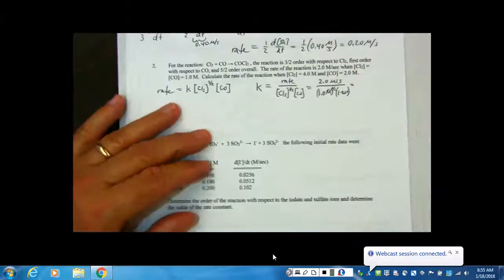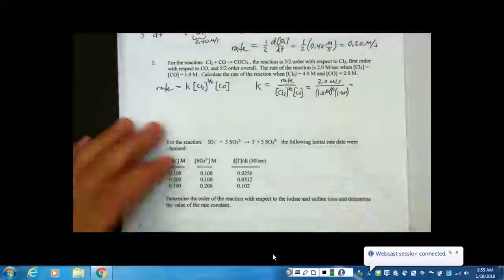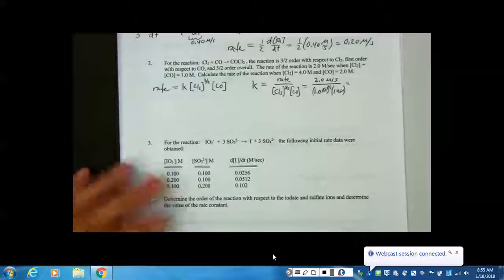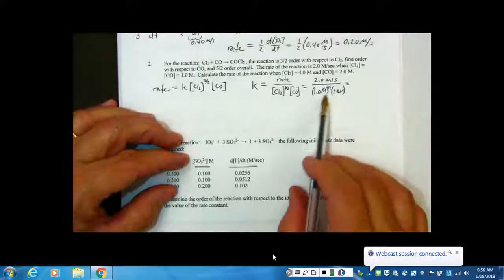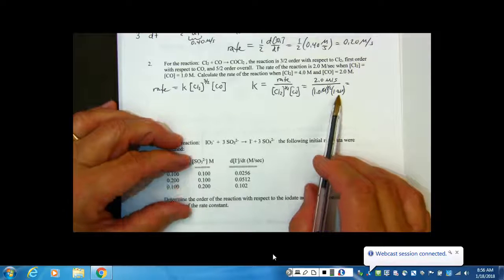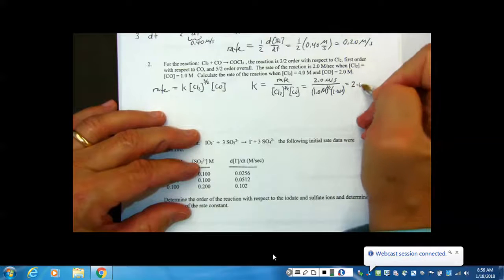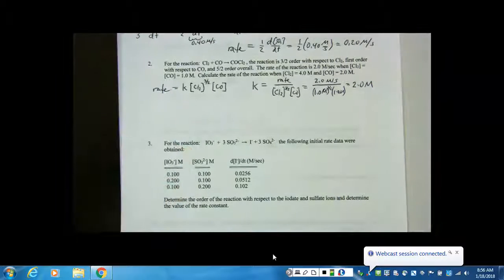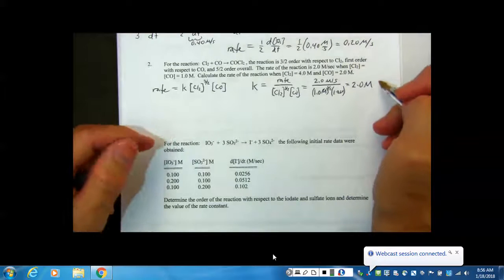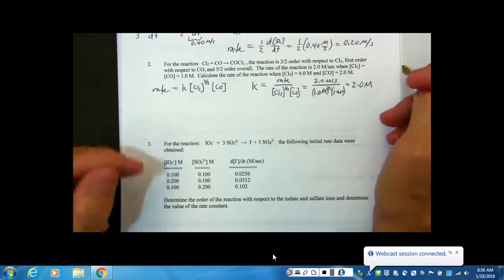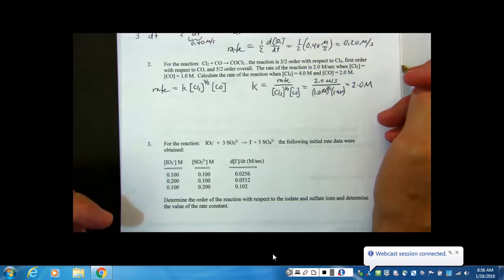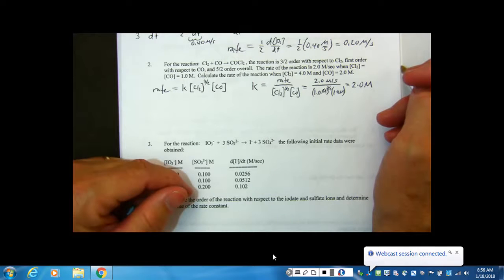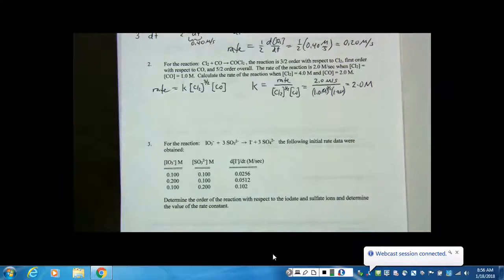All right, anybody good at math, do that one in their head. 2 divided by 1 to the 3/2 and then 1. Yes, that's equal to 2. And what are the units on this? Molarity to the... look at the notes.